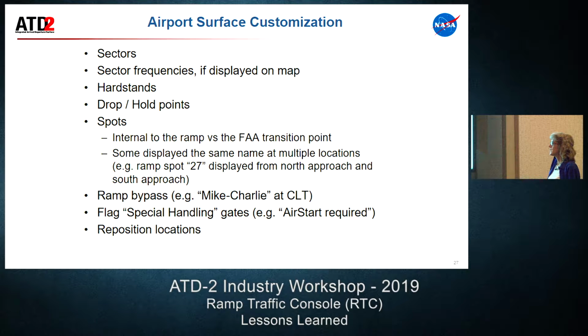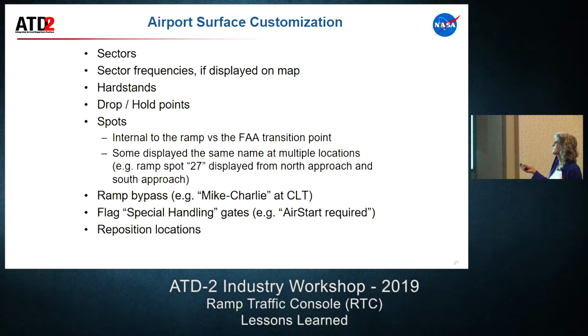If you have a hard stand location, which they have at Charlotte but don't have at DFW. DFW has these drop and hold points that Charlotte does not. Spots: Charlotte defines their spots internal in the ramp area, whereas at DFW, what they consider spots would be your actual transition point between the ramp and the taxiways.